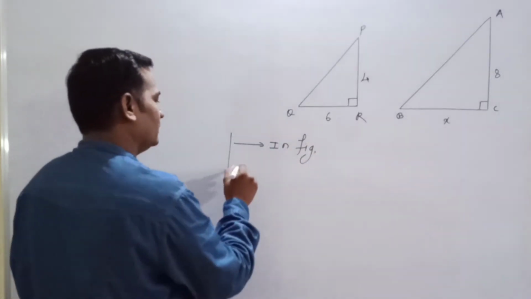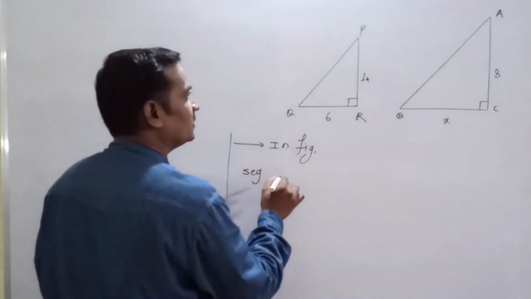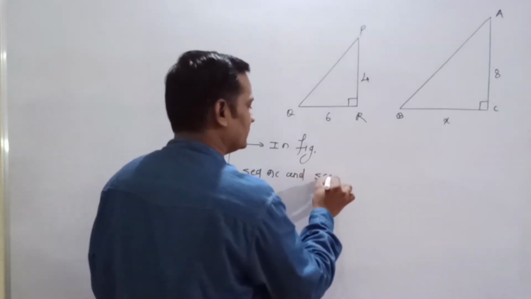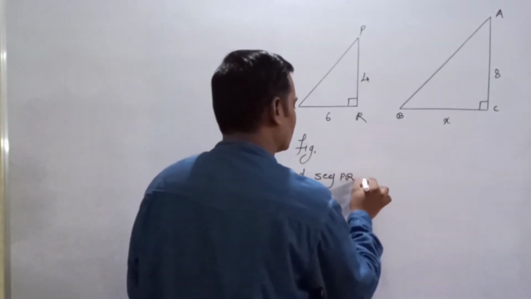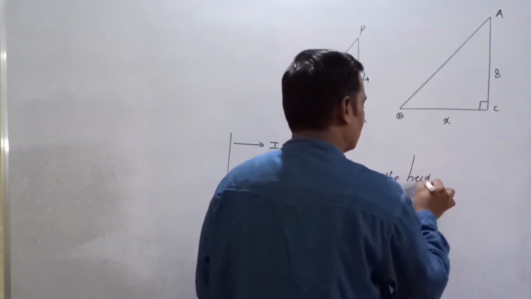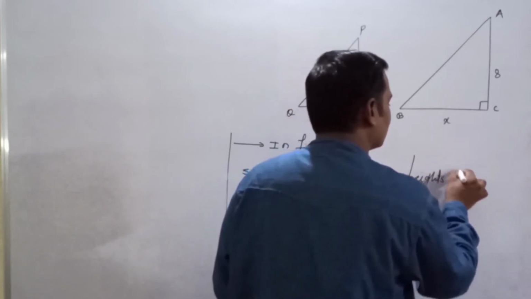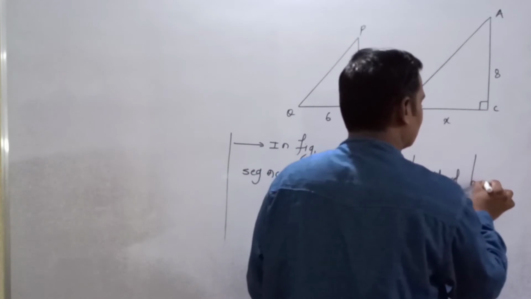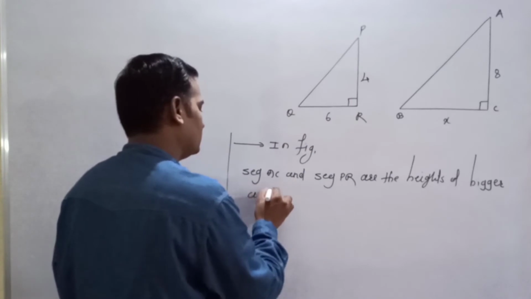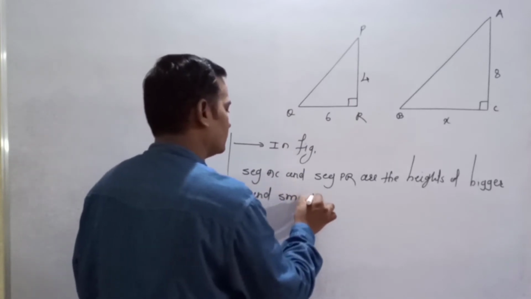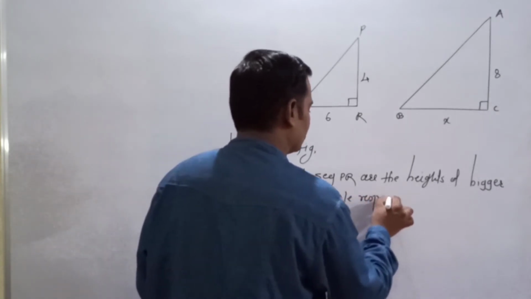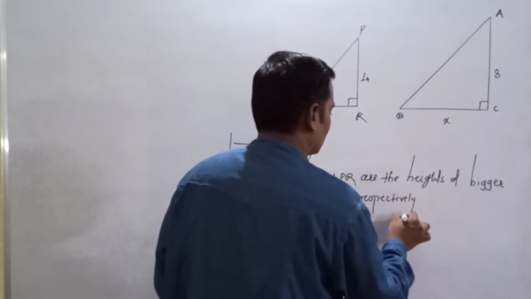So what is there in the figure? Segment AC and segment PR are the heights of the bigger and smaller pole respectively.